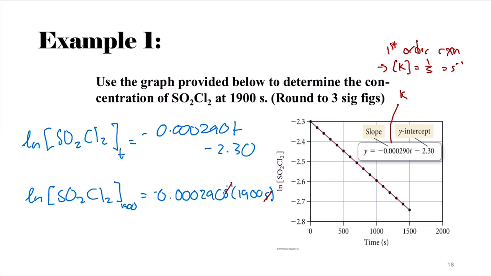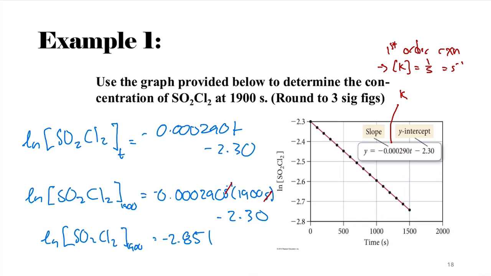And then you subtract 2.30 from that. That'll give us something like ln[SO2Cl2] at 1900 is equal to minus 2.5851. And then how do we solve for the concentration here? Just e to the power. That's it.